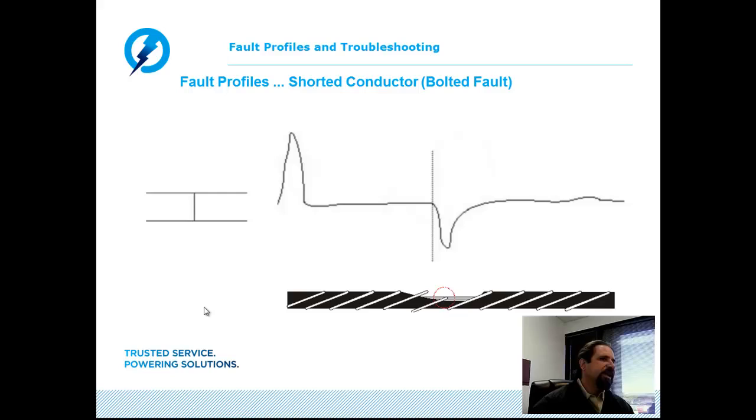So this again is a good indicator that what we're dealing with is a very, very low impedance fault, virtually 0 ohms, typically 200 ohms or less. And we see the short circuit or the negative reflection without even applying any type of high voltage to the circuit.